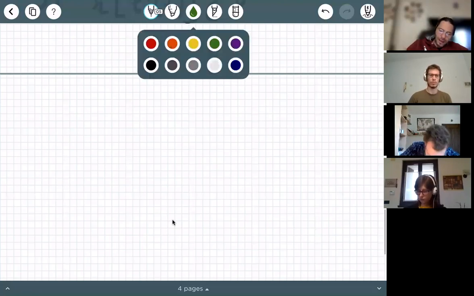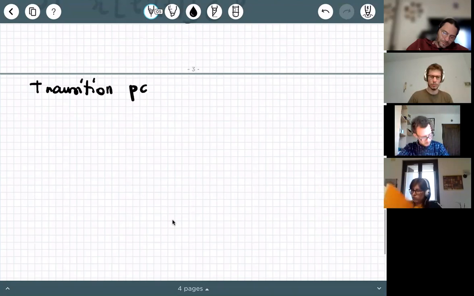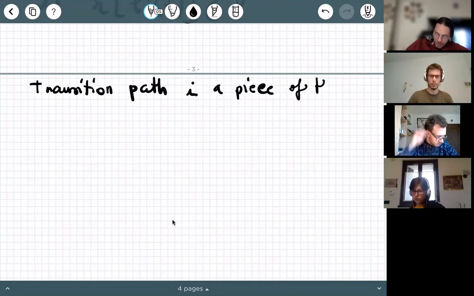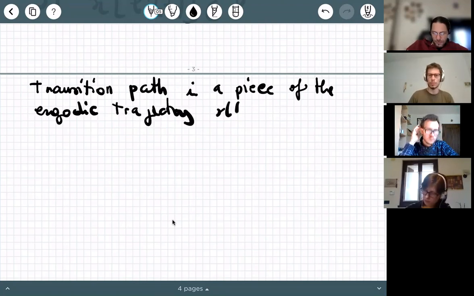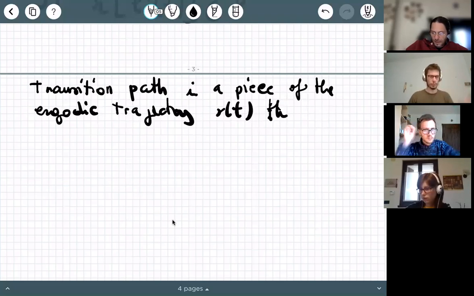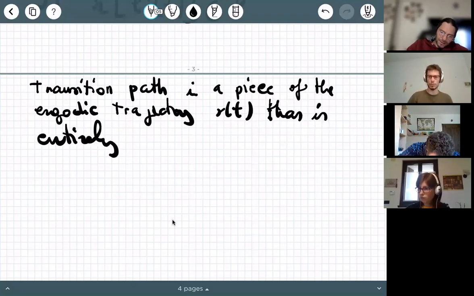And now we define the concept of transition path. It is a piece of the ergodic trajectory x of t such that it is entirely reactive.